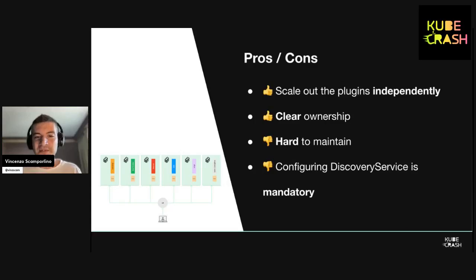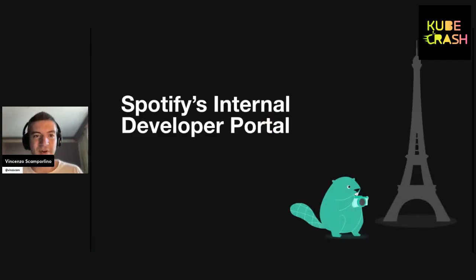Cool. Now that we have covered all three approaches, let's dive into a real-world example by looking at Spotify's internal developer portal deployment. And this is going to be tricky because the internal Spotify developer portal is more complicated than a normal developer portal built on top of Backstage, for historical reasons.